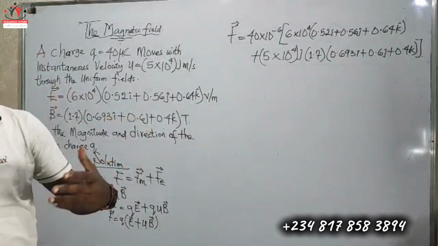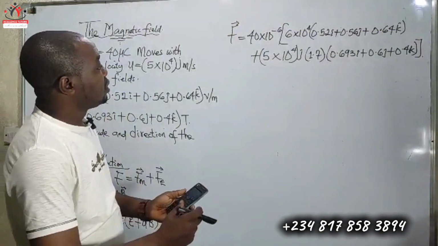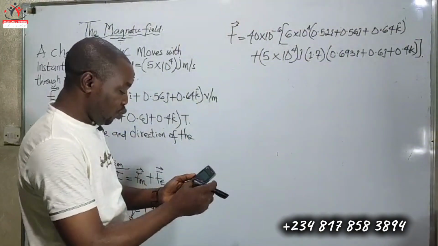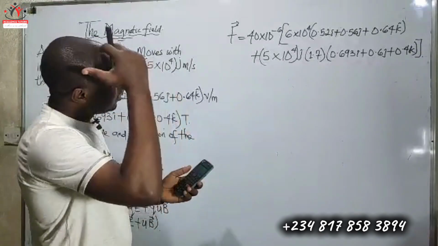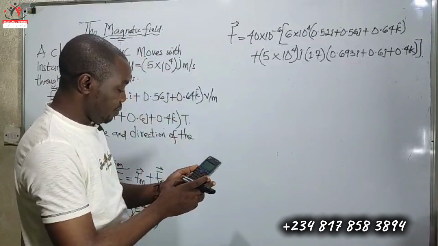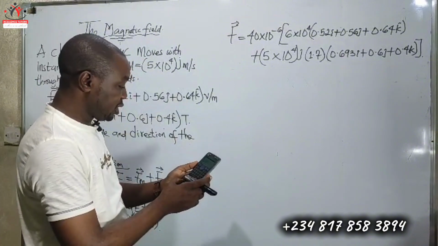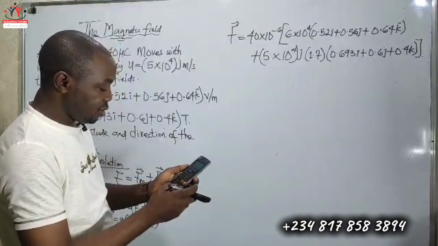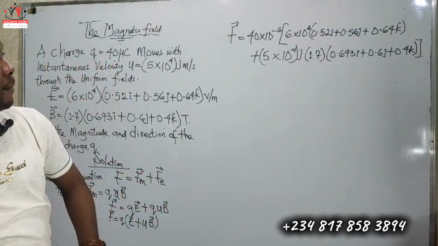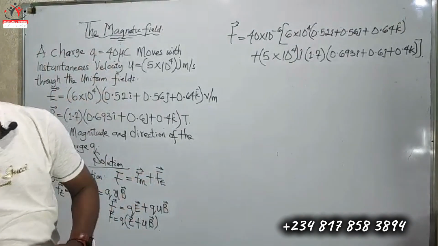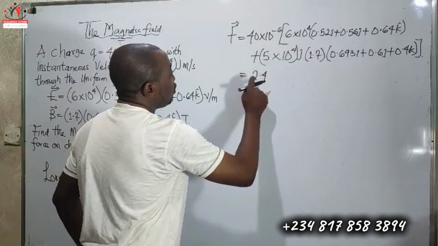Now we know that force is a vector quantity. So in this case, 40 times 10 raised to the negative 6 multiplied by 60,000, which is 6 times 10 raised to the power of 4, gives 2.4.